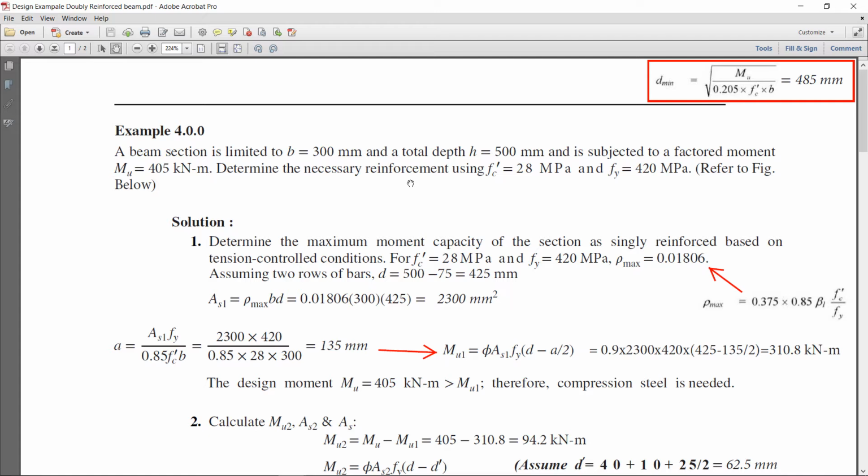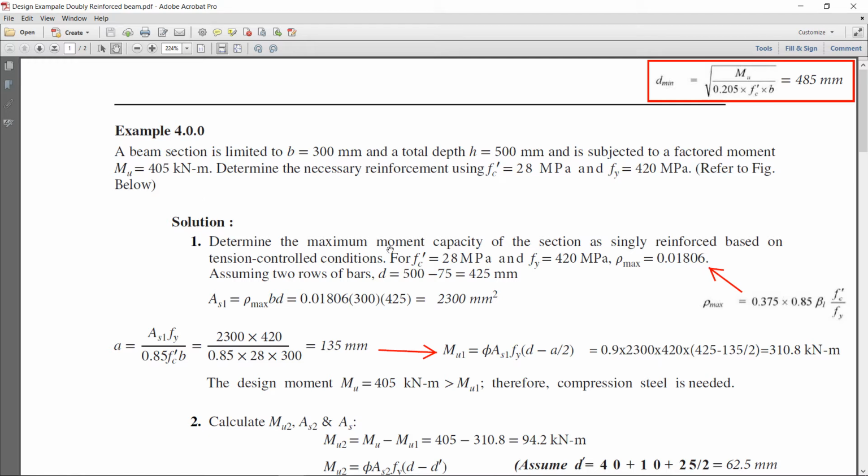The effective depth, assuming two rows of bars, is 500 minus 75 millimeter, 425 millimeter. So our effective depth is less than d minimum, so we have to design this beam as a doubly reinforced beam. Now I will start the solution of this problem.